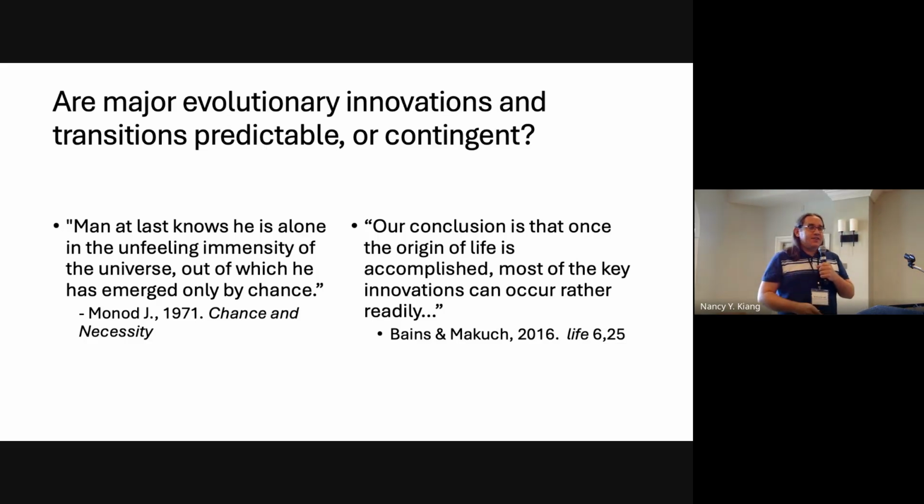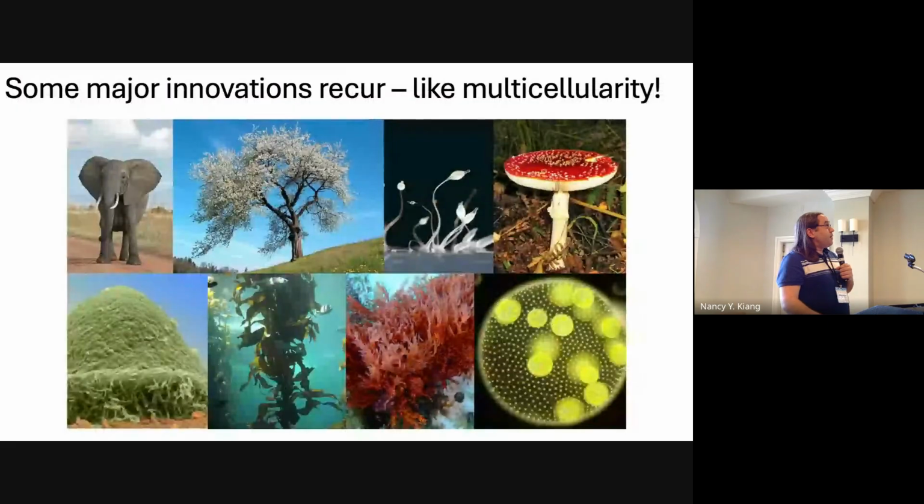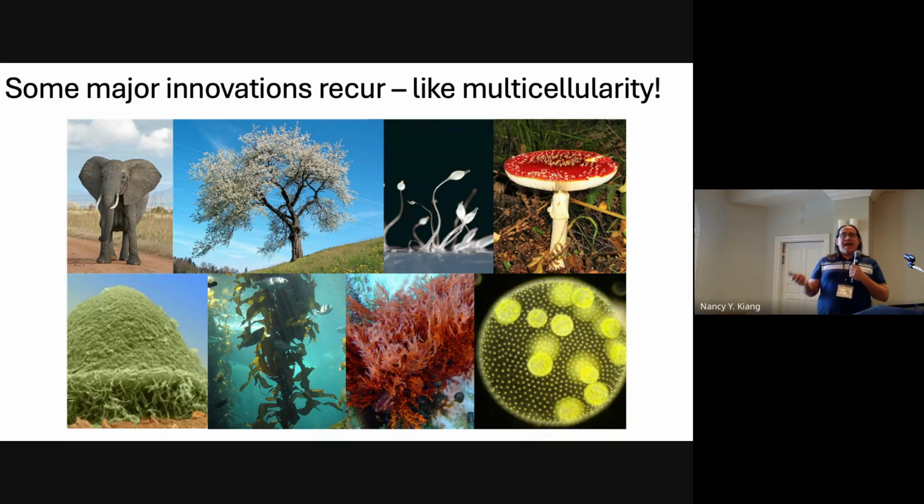So I decided to at least try to be systematic about this because it's interesting. Some major innovations keep happening over and over and over again, like multicellularity. Some form of it has happened 50 times, and a particularly complicated and interesting form, like 6 times. Apparently, it's accessible.